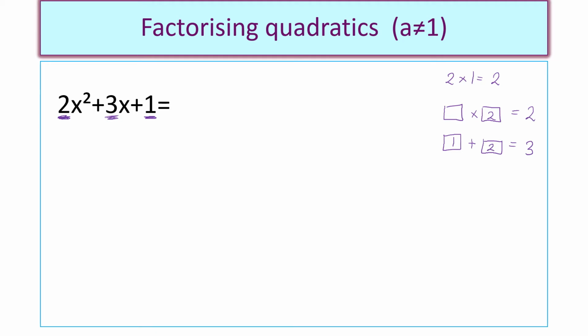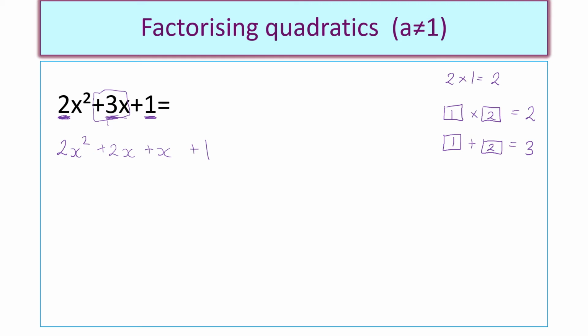Now what we do is this. I'm going to split the positive 3x into two terms. So I'm going to write 2x squared, and I'm going to use the numbers that I've just got, 1 and 2, so I'm going to write plus 2x plus x plus 1.